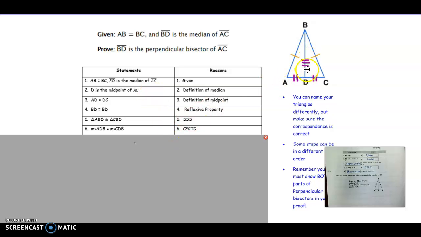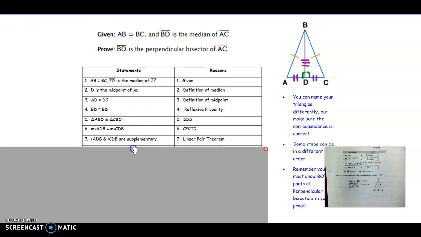And since we're trying to prove a perpendicular relationship, it's these 2 angles right here that BD is forming with AC that we're wanting to say are equal. So ADB is this angle, and CDB is this angle. So I'm going to add some arcs here and here. These are my congruent angles by CPCTC.